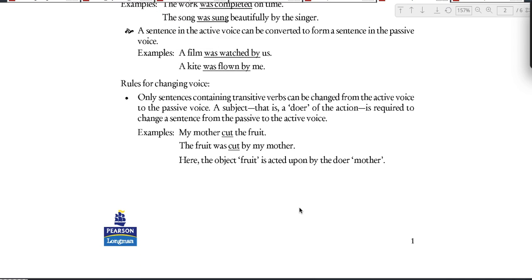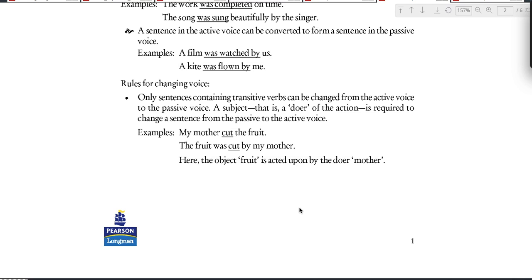Rules for changing voice. Only sentences containing transitive verbs can be changed from active voice. Intransitive cannot.